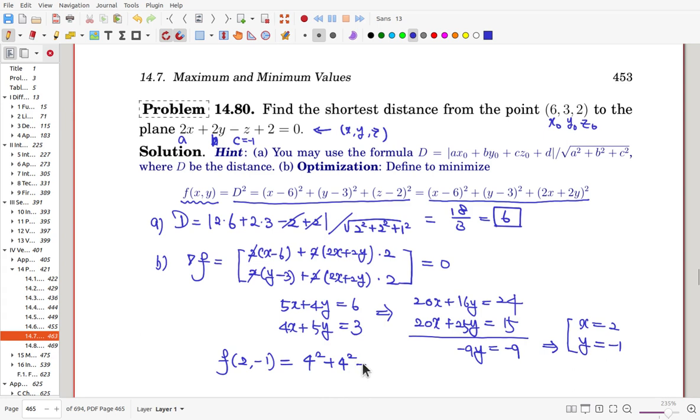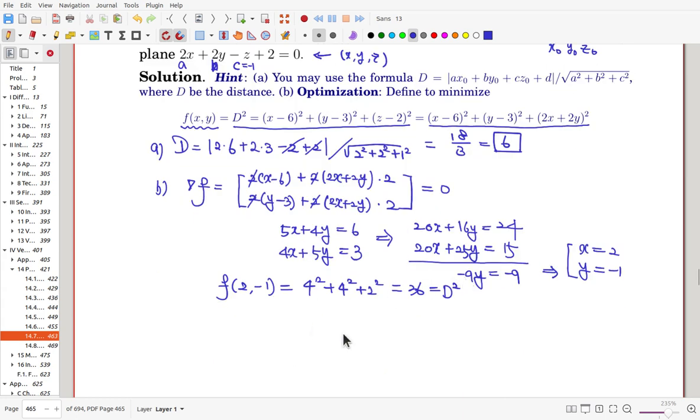That is 16 plus 16 plus 4, which is 36. So that is the same as d squared, the minimized d squared. So the final answer d, the minimum value, is the square root of 36, which is 6. So we have the same conclusion.